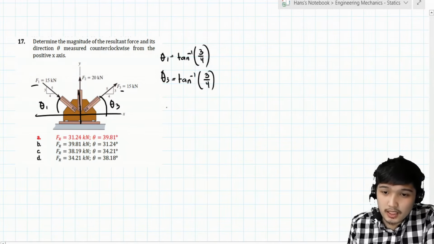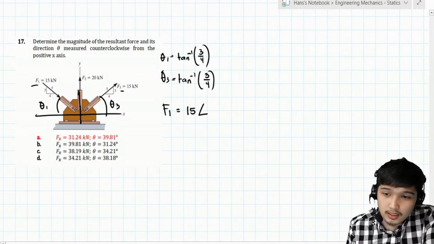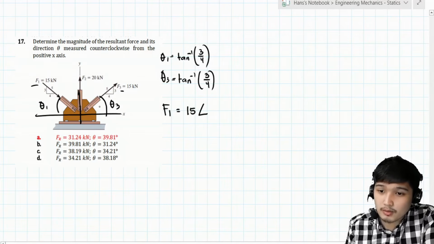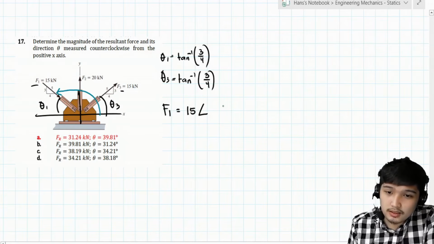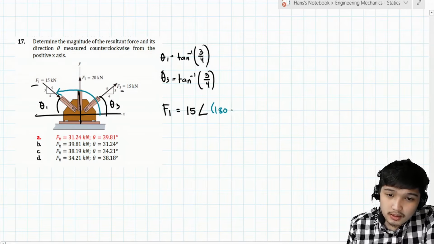Okay? So, convert natin. F1 equals sa magnitude 15, angle. Ano yung angle niya? From the positive x. Ito yun, di ba? So, that is yung 180 minus yung theta 1 na yung arctan of 3/4.